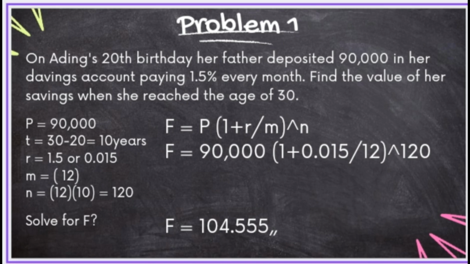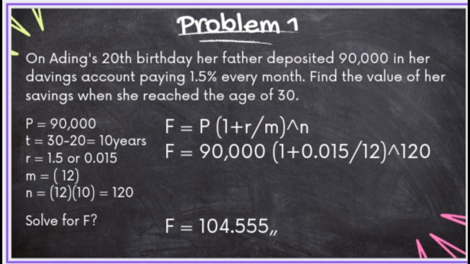So let's solve for F, which is the maturity value or compound amount. So this is the formula. F is equal to P, open parentheses, 1 plus R over M, close parentheses, to the power of N. So F is equal to P, which is 90,000, open parentheses, 1 plus 0.015, which is the R, over 12, which is the M, close parentheses, to the power of N, which is the 120.